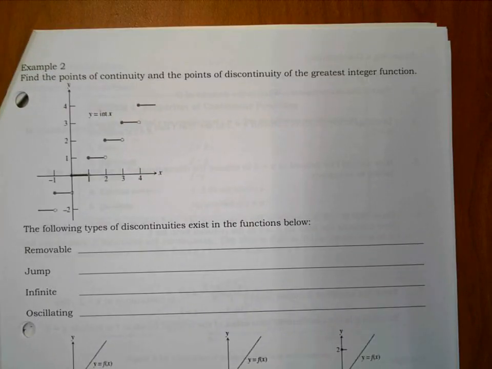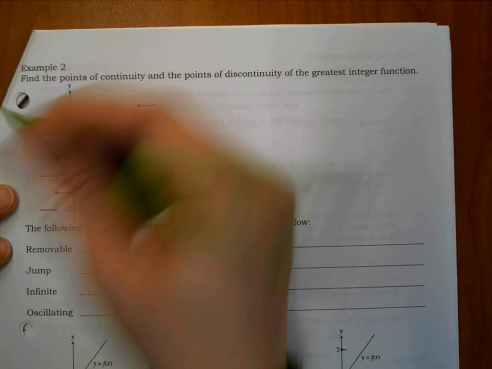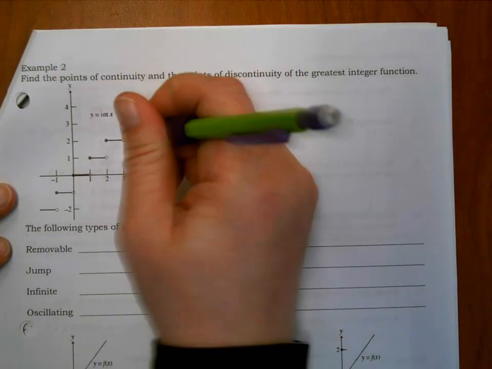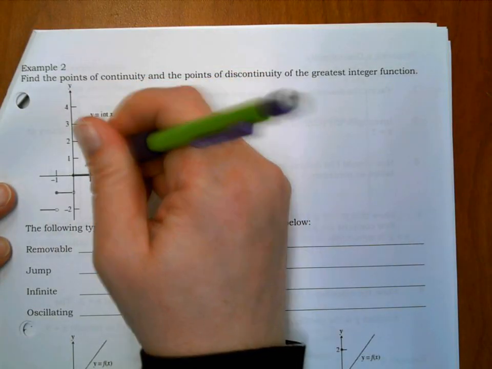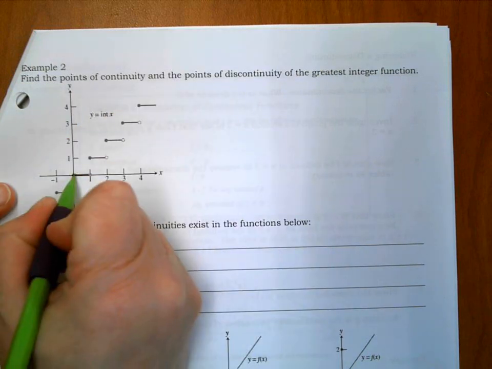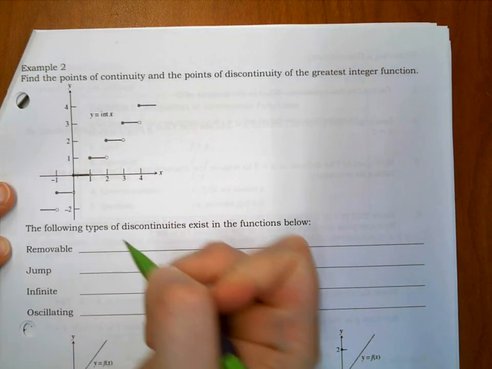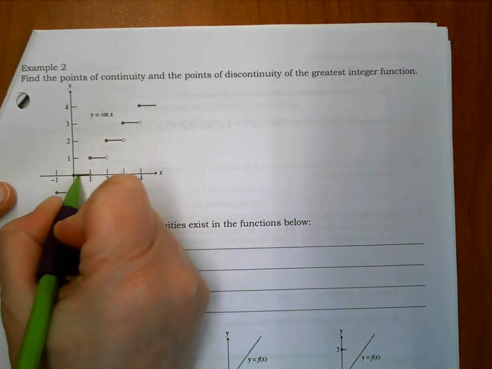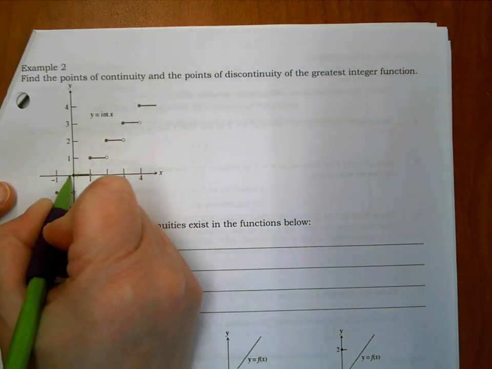All right, so here, find the points of continuity and the points of discontinuity of the greatest integer function. Okay, so we see that we have all these jumps, and we've talked about before we have all these jump discontinuities. But anywhere else, like in between here, if I picked any of these points and from the left and to the right, I would be approaching the same y value, and that would be equal to the y value there.